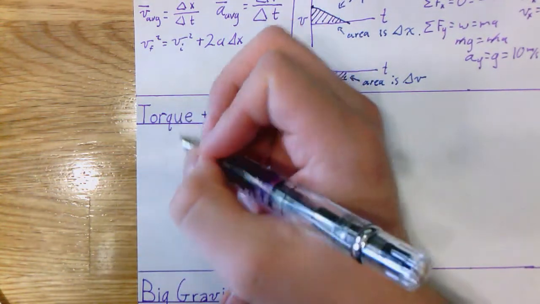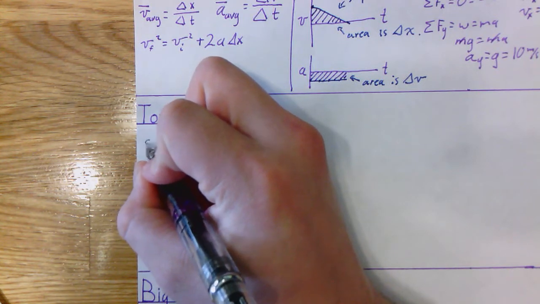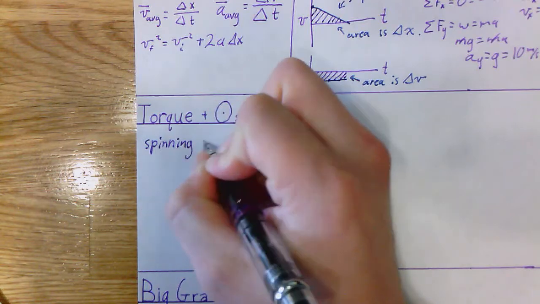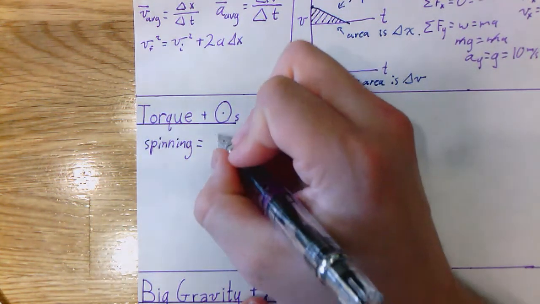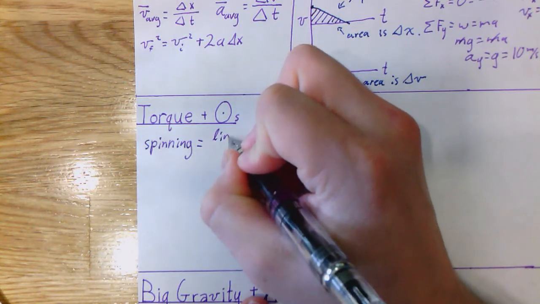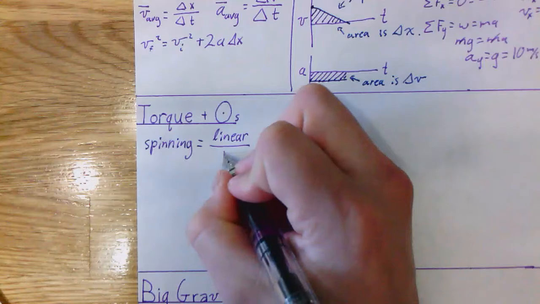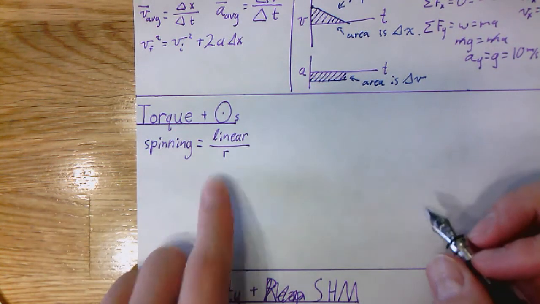So the spinning version of anything equals the linear version divided by R. So we should probably define R right now, right?